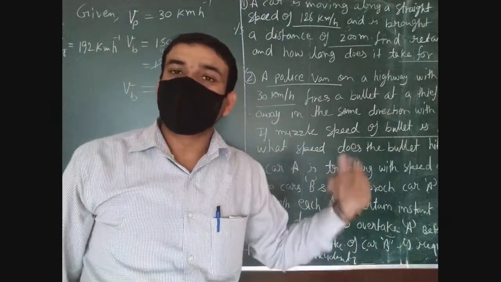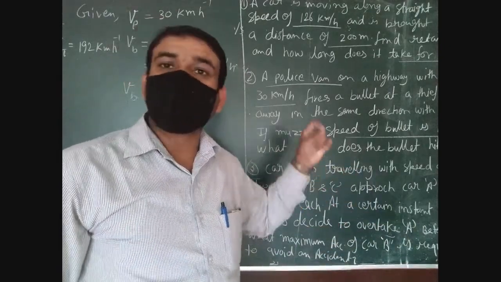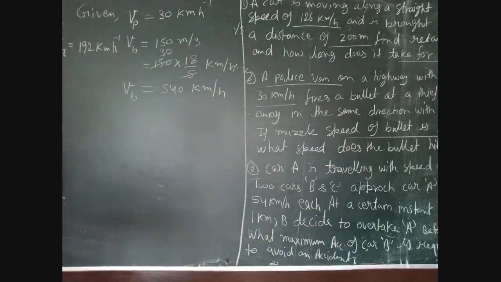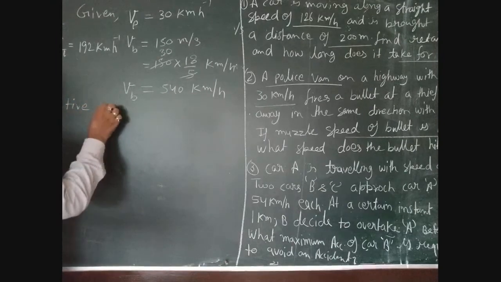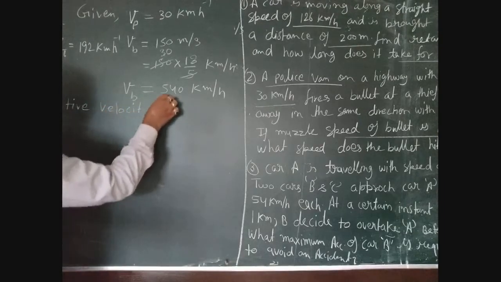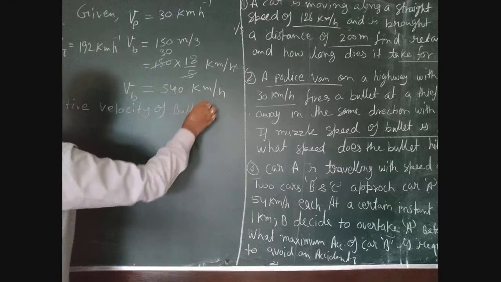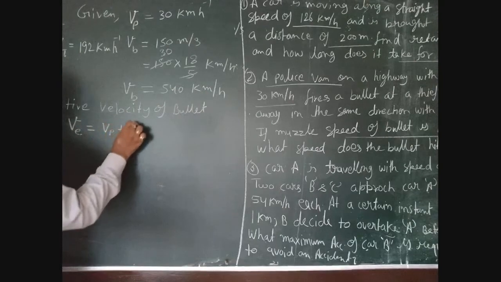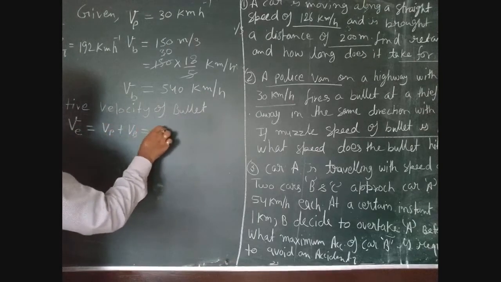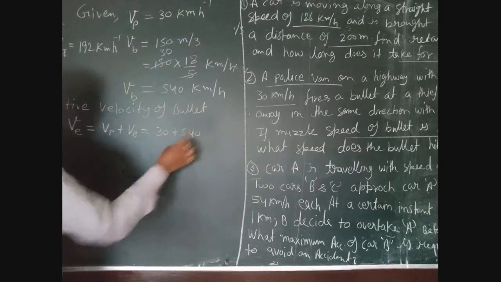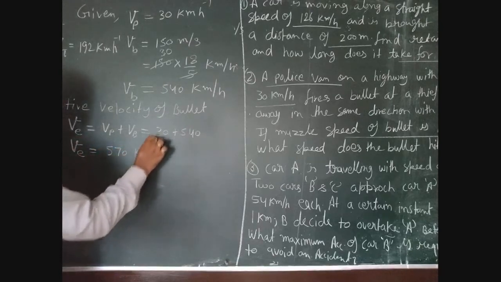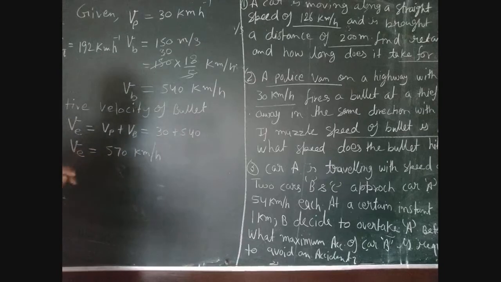So you need to first find the effective velocity of the bullet by adding the two velocities: the velocity of the car and the velocity of the bullet. The effective velocity of the bullet, let's say VE, is VB plus VP, which is 30 plus 540, and you will get 570 kilometer per hour. This is the speed of the bullet.